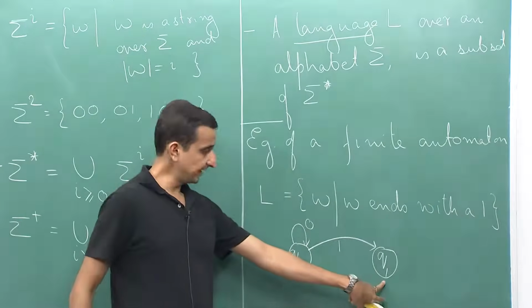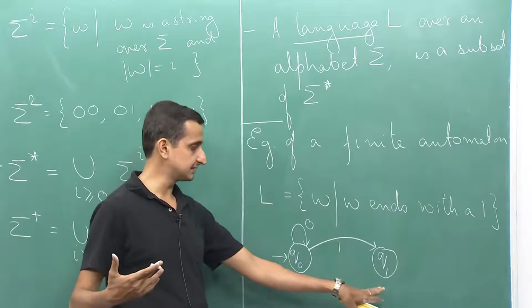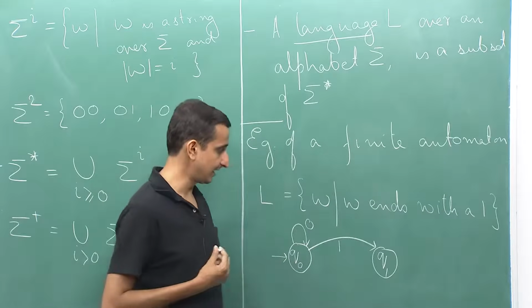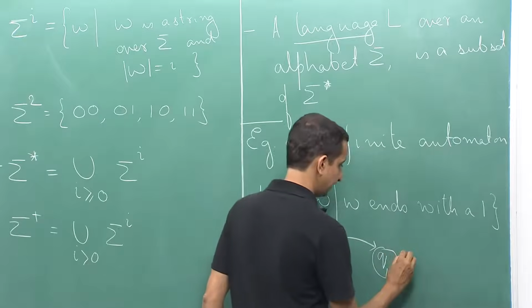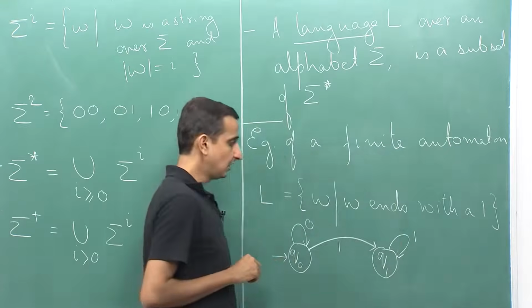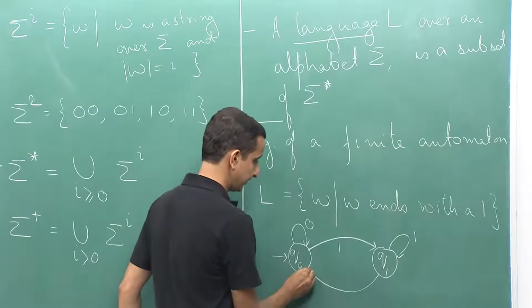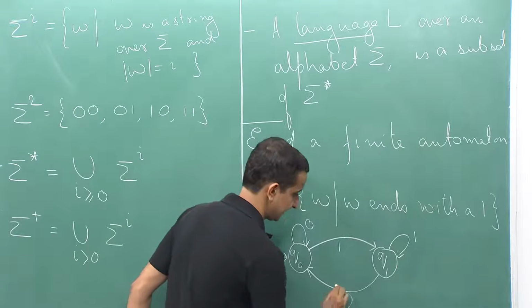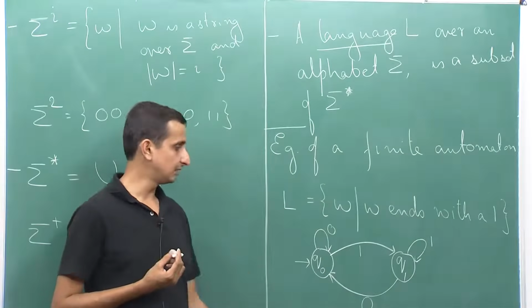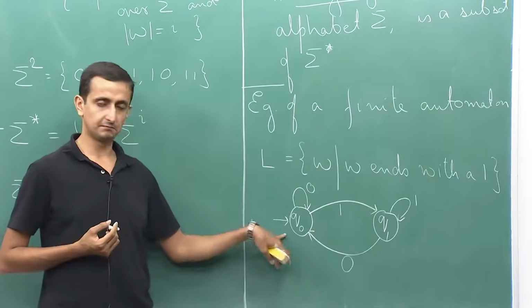Now when we are at Q1 and if we again see a 1, it means that the string has a 1 at the end, which means that we will stay at the state Q1 itself. On the other hand, from Q1, if we see a 0, we will come back to Q0, because that means that now the last symbol of the string that we have seen is a 0, hence we should be at Q0.